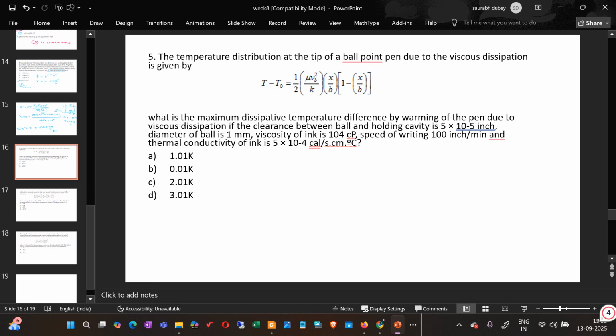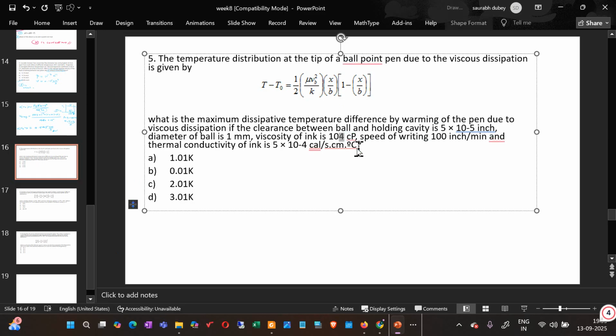Let me just see if this is correct. So this is power. Okay, this 1 mm no issues. This will be power.